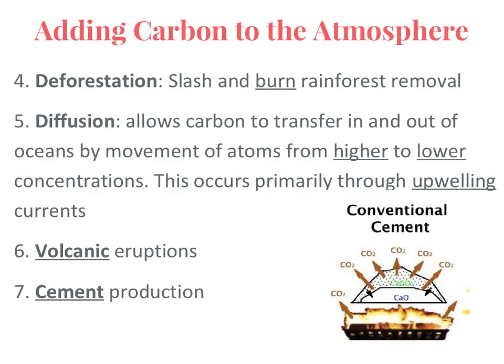Additional ways that carbon can get into the atmosphere is through deforestation. See the word forest in there? This does have to do with trees, cutting them down, burning them up, getting rid of them really quickly. The burning process of them sends that carbon into the atmosphere. Diffusion also releases carbon to the atmosphere.